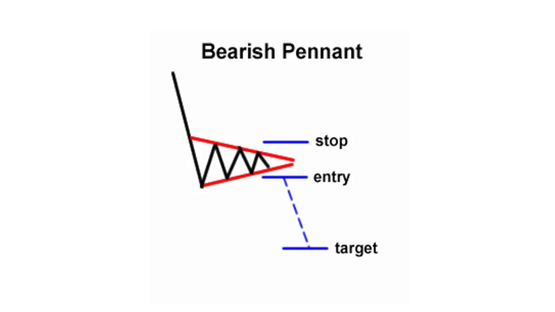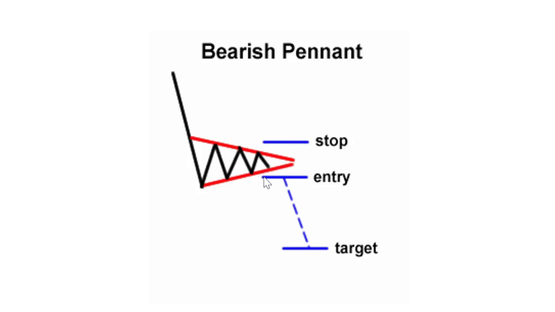So the bearish pennant is the opposite of the bullish pennant. You see the price moving downwards towards this level here, and the price is making a lower high and also making a higher low, forming this converging wedge, these pennants here.